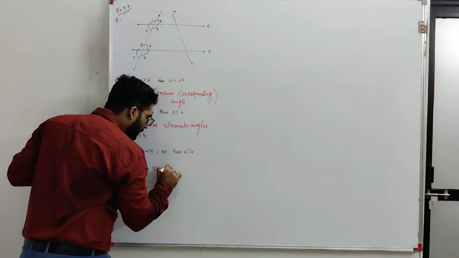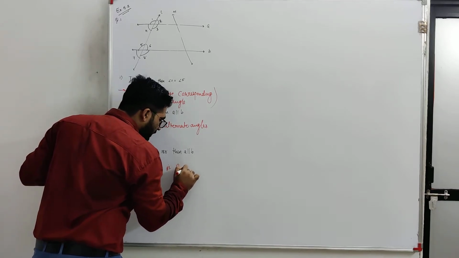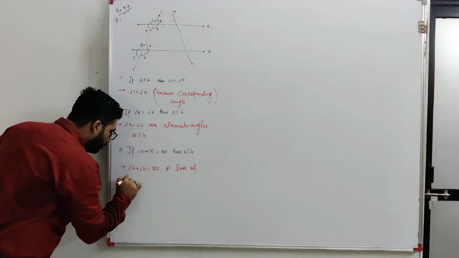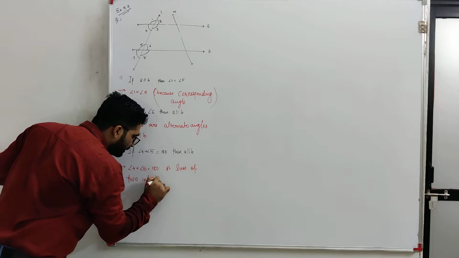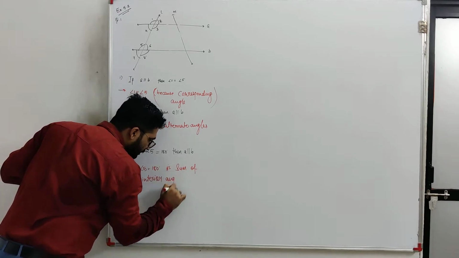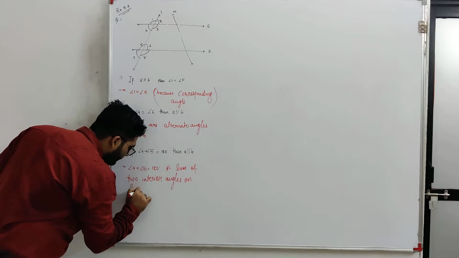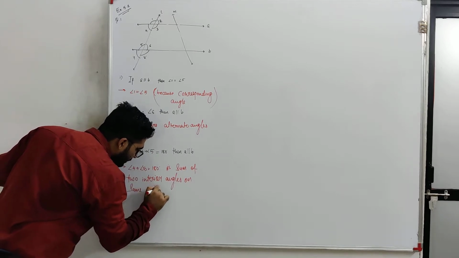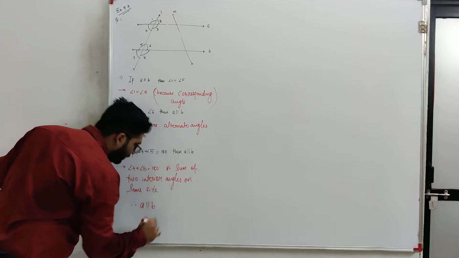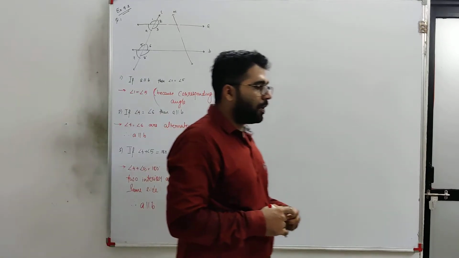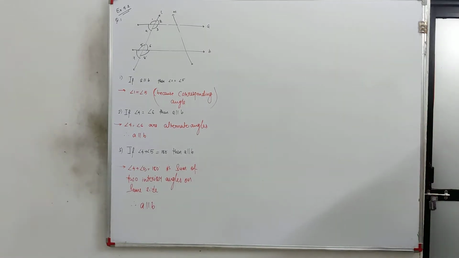It is the sum of two interior angles on the same side. Therefore A is parallel to B. These are the properties that we have to mention in the solution.